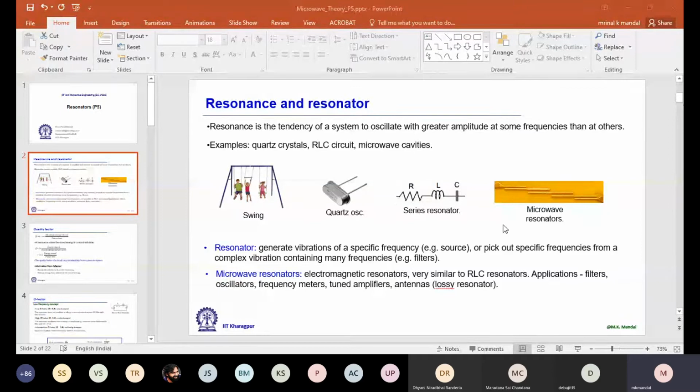Our quality factor should be as high as possible. But when we are designing an antenna, we want loss. But this loss is not the conductor loss, dielectric loss, or surface wave loss. This loss is radiation loss. So from the circuit point of view, it is actually a loss, and the quality factor should be low.